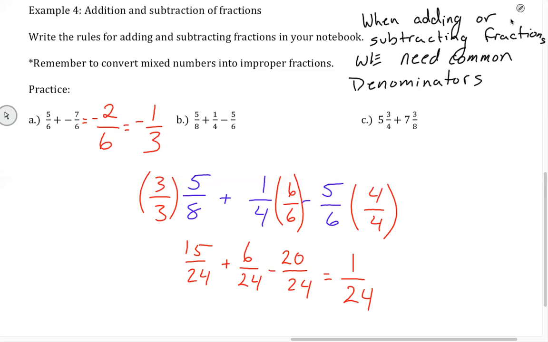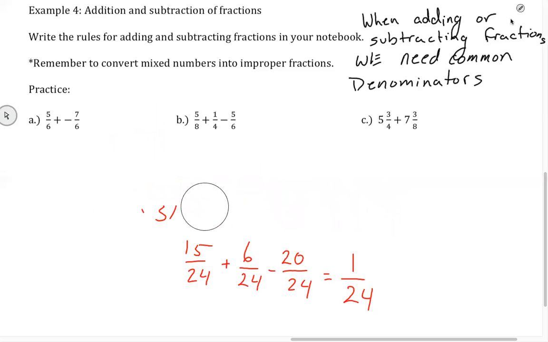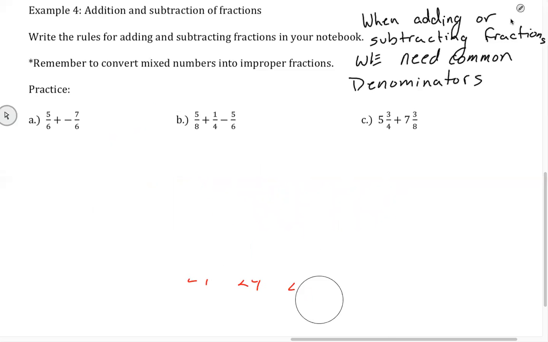Okay? What's the common denominator between 4 and 8? Let's go with Mr. O'Donnell. 8. So if I think about how do I make a 4 an 8, I'm going to multiply it by 2, right? So if I make 3/4 out of 8s, that's going to be 6/8.